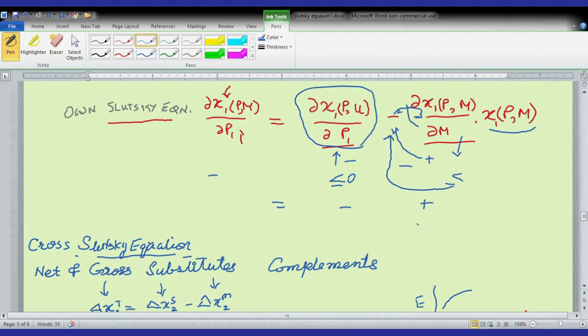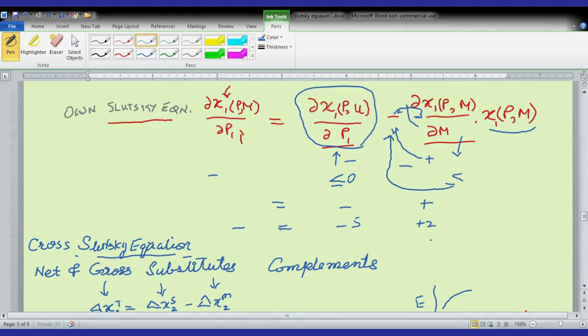So for example, if this is equal to plus 2 and this is equal to minus 5, then the slope of the Marshallian demand curve will be negative, and so we can conclude that if the good is an inferior good, then still there is a possibility that the Marshallian demand curve will be negatively sloped.